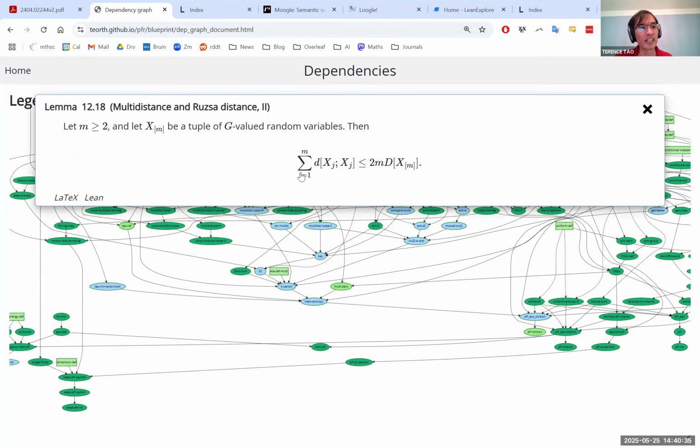So for example, one of the lemmas I hope to prove today is this lemma 12.18, which proves a certain inequality between two different notions of distance on random variables on a certain abelian group. Now, for this task, we won't need to know precisely what these definitions, these distances, are.